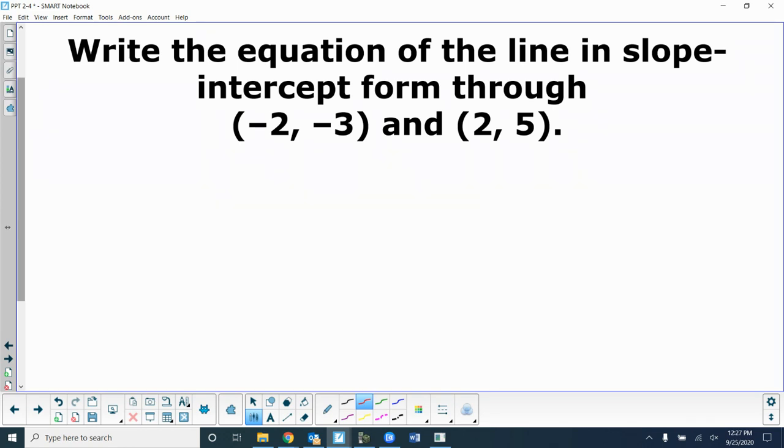Negative 3 minus 5. So don't make me ask. What's negative 3 minus 8? What is negative 3 minus 8? Negative 5.